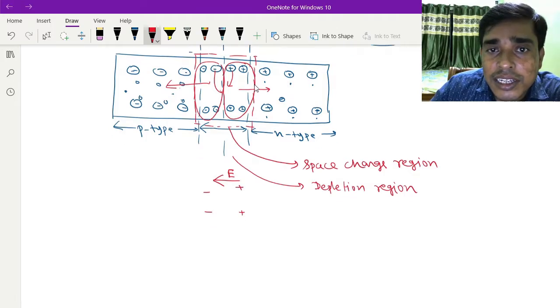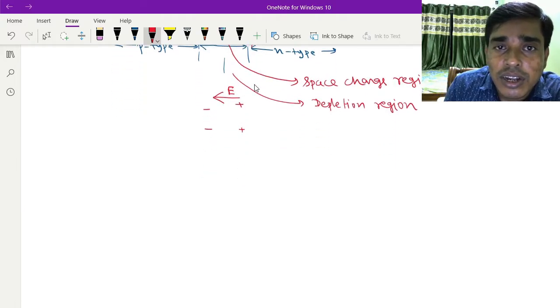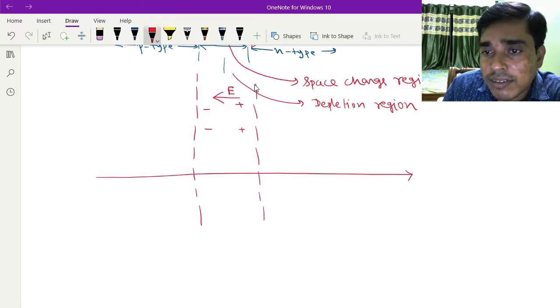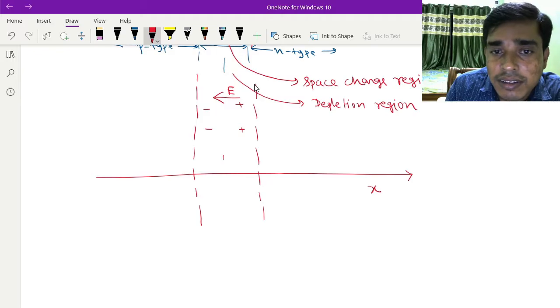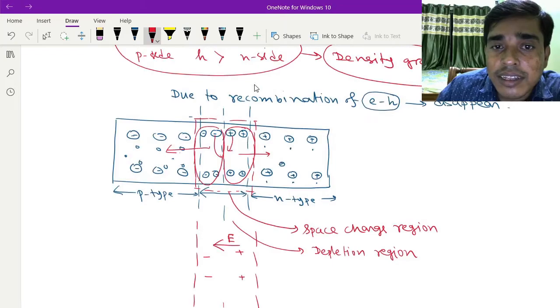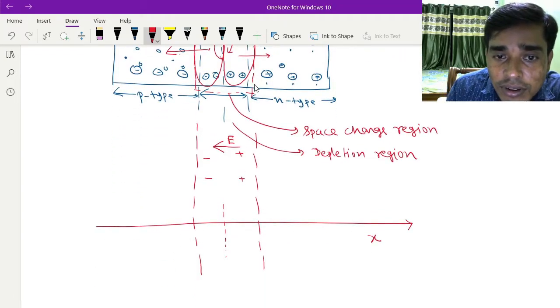So I have to draw a charge distribution along this junction. Suppose this is the junction, and if I draw a distance x, in this row I want to draw the charge. This is charge density.